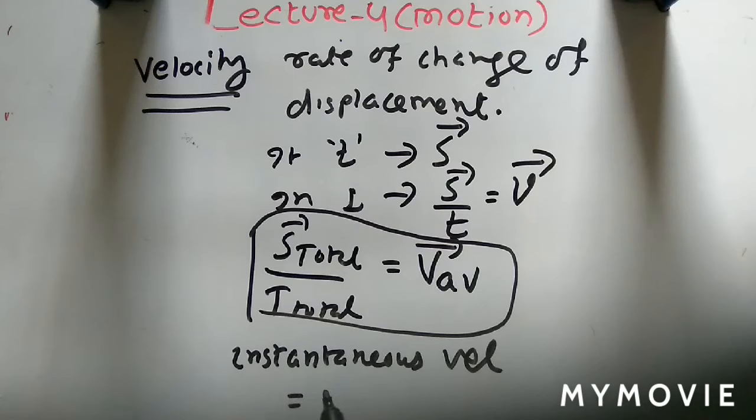Instantaneous velocity is always represented by small letter v. Remember, velocity is a vector quantity. It has magnitude as well as direction. So we give the velocity symbol v an arrowhead to represent that it is a vector quantity. And small v indicates instantaneous velocity.